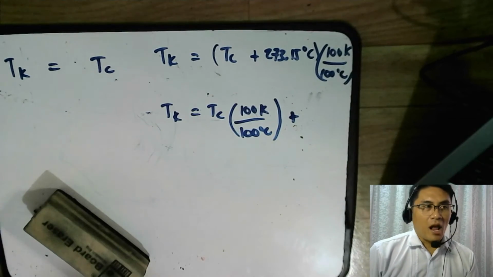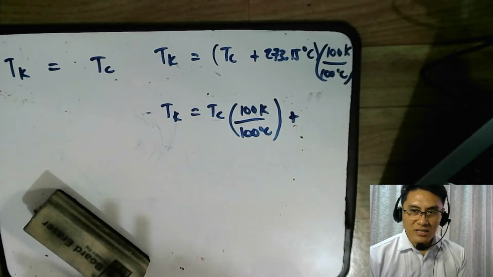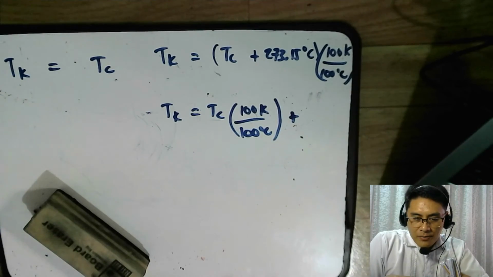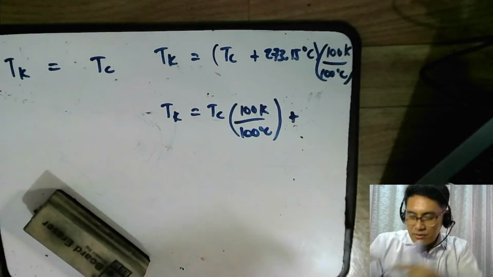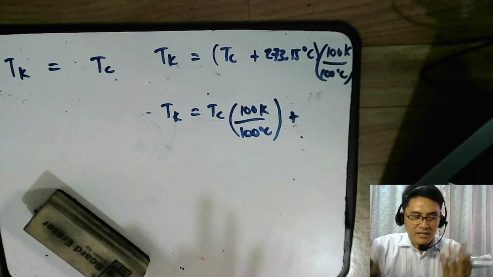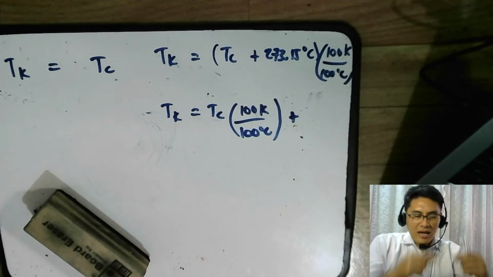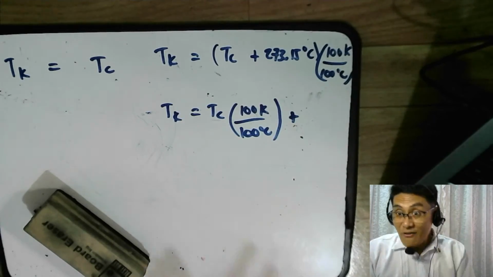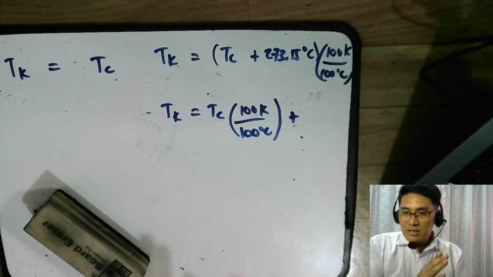So that means you are using the same number. Unlike in Celsius and Fahrenheit, where for every 100 steps in Celsius, there are 180 steps in Fahrenheit. So there is not a 1:1 correspondence. But for Celsius and Kelvin, every 100 steps in Celsius is also 100 steps in Kelvin. So therefore, it's just the same number.